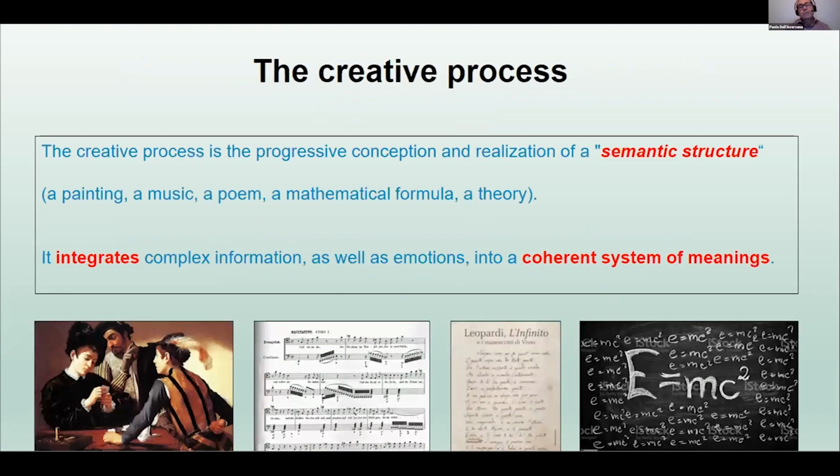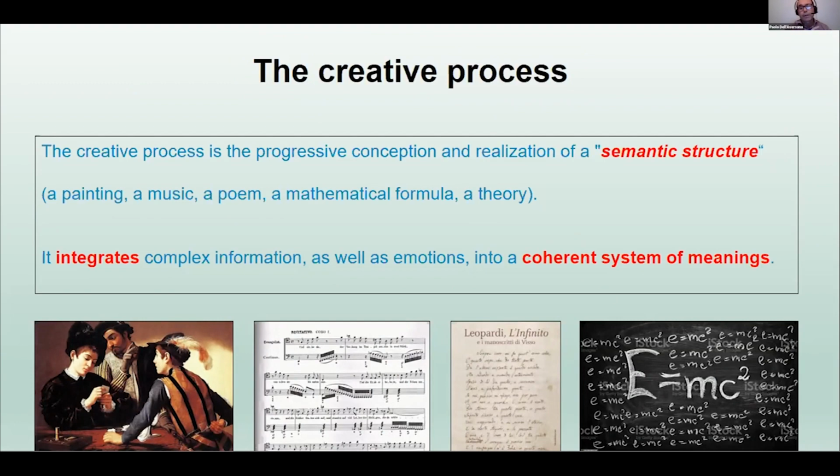The creative process, in my opinion, is the progressive conception and realization of something that I call the semantic structure. By semantic structure, I mean a painting, a music, a poem, or a mathematical formula, or a theory. So everything able to integrate some type of complex information as well as emotions into the same coherent system of meanings.